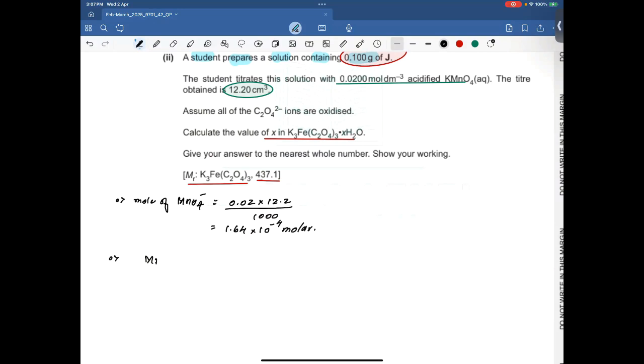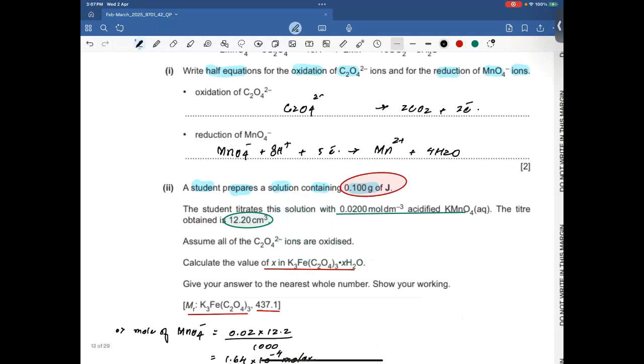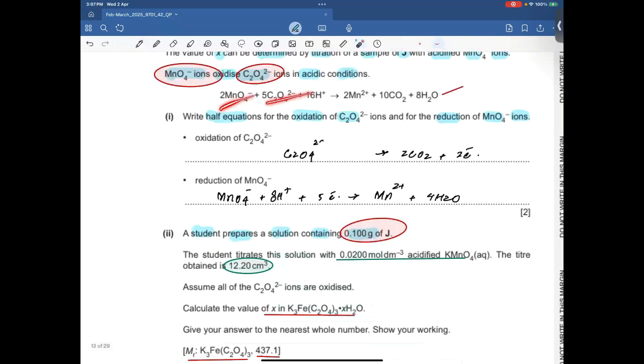Now, in the second step, the equation is given. And in that equation, we have a molar ratio between these two substances. This is a 2:5 ratio, according to this equation.